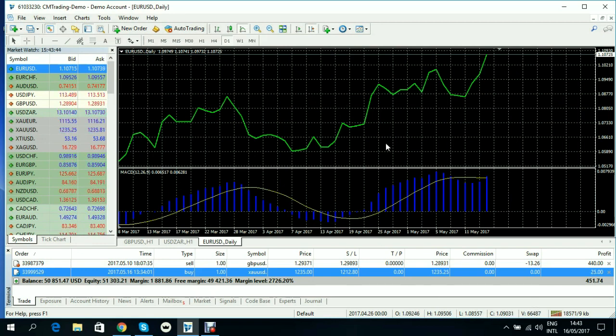I believe that with practice, patience, persistence, this indicator will take you far in the trading business, and it will give you lots of profits, and that's lots of money in the long run.